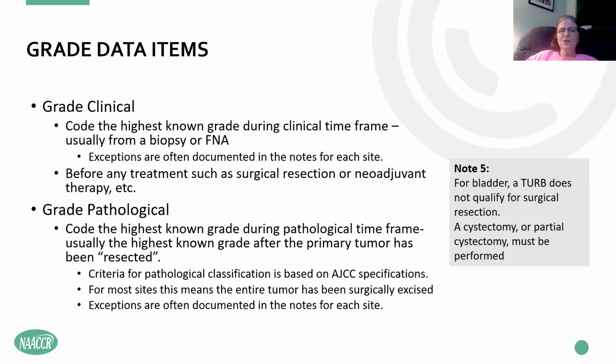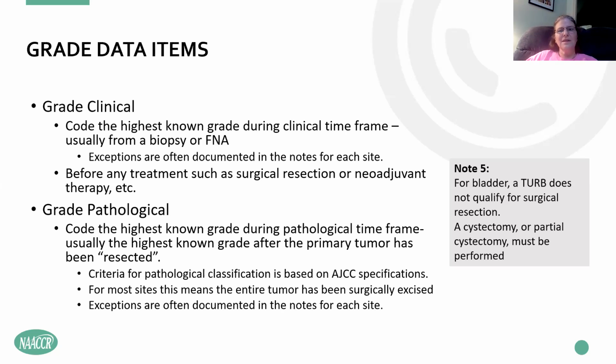Grade pathological is you code the highest known grade during the pathological time frame, usually the highest known grade after the primary tumor has been resected. Now, based on the question we just got, if a procedure does not qualify for surgical resection or a pathological T in our NIM, it's not going to qualify for a pathological grade.